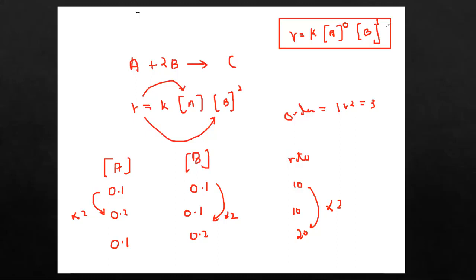If they ask, for example, in a question, write a rate equation according to the equation given, you will use the same method and write according to the equation. But using the initial rate method is the practical and accurate way of finding the rate equation. Is it clear?